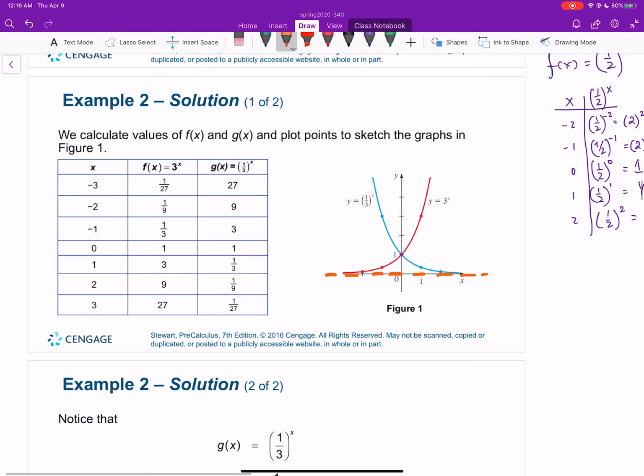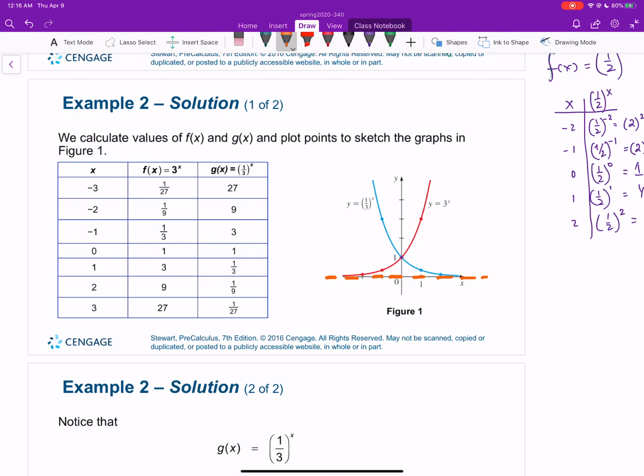So one thing I want us to look at is if I took this equation 1/3 raised to the x and simplified it a little bit, I would get y is equal to 3 to the -x. And the red curve is 3 raised to the x.